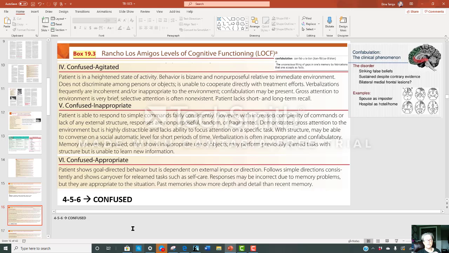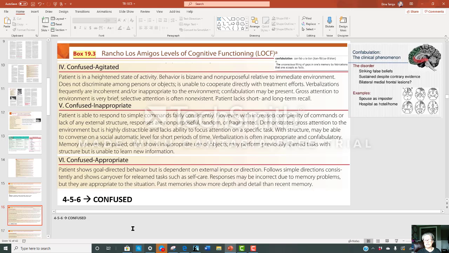But you just told them to reach for this cone, and they are able to respond to a simple command fairly consistently. The patient can reach for the cone, okay, but they see another patient walk by. So they're going to lack the ability to focus attention on that specific task.